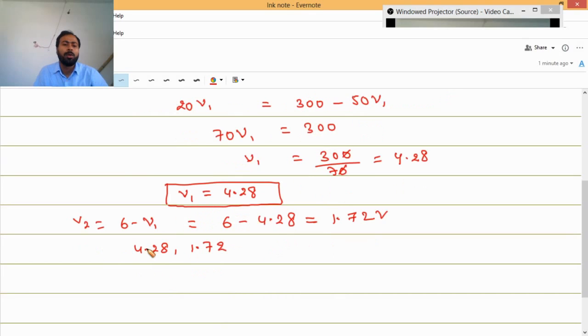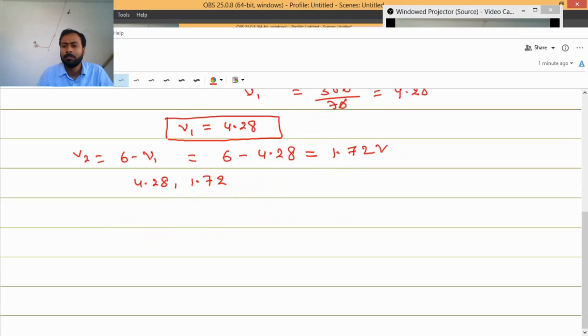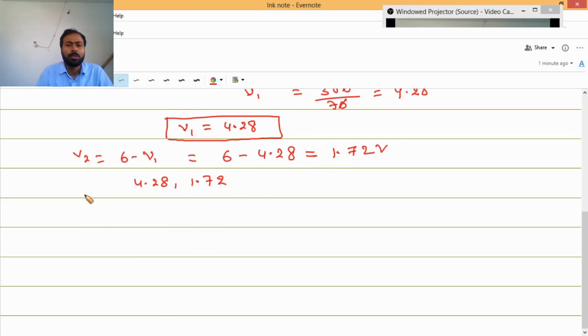So across 20 picofarad the potential difference will be 4.28, and across 50 picofarad the potential difference will be 1.72. So these are the potential differences across each of the capacitors. So this was our first part.